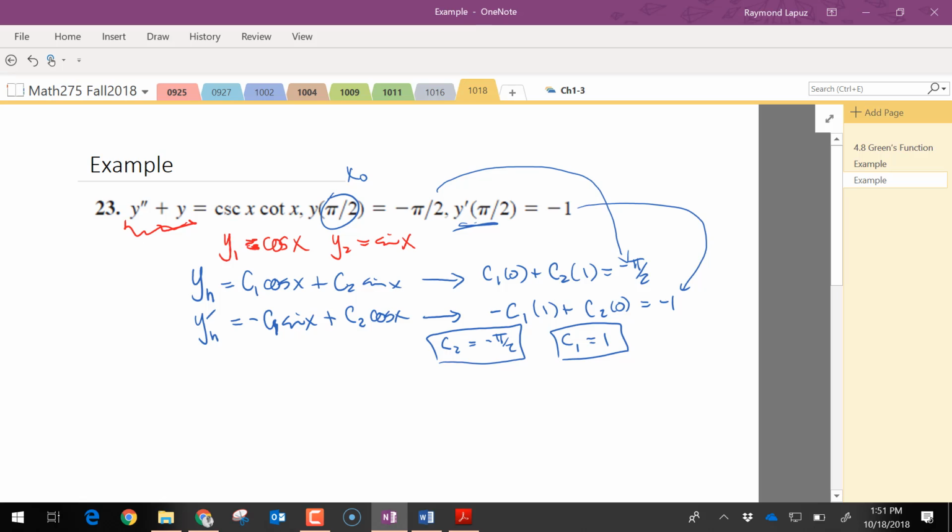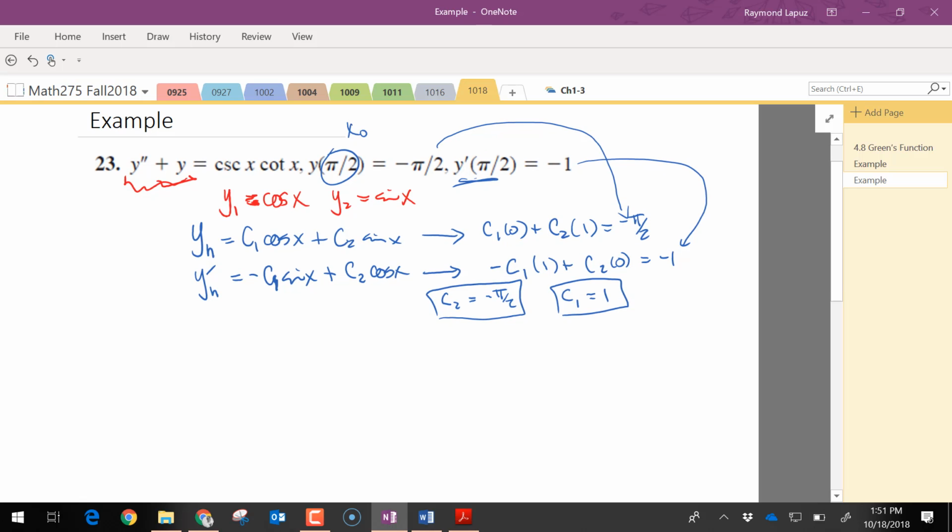All right. So we got the homogeneous. Now we do the Green's theorem. So g of x,t is going to equal, remember, it's y1 with a t. So it's cosine t sine x minus cosine x sine t. Oh, we need the Wronskian.